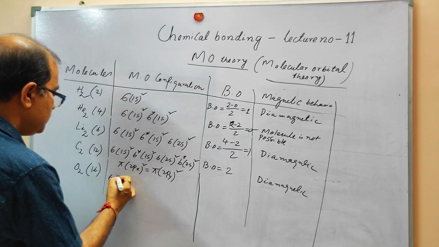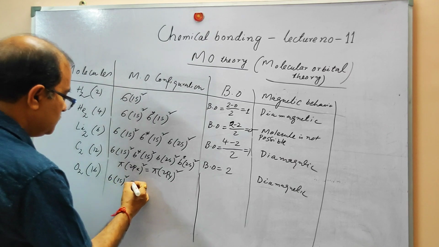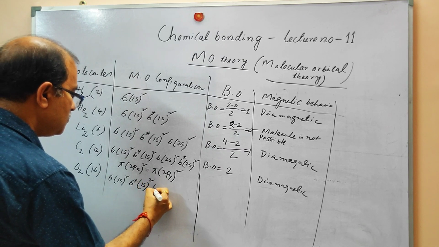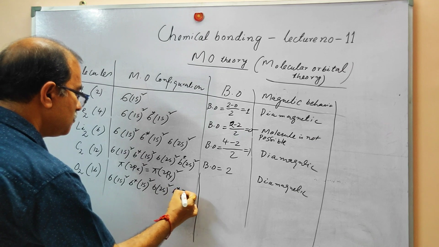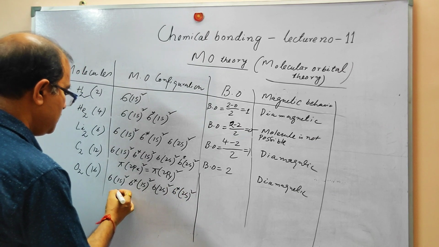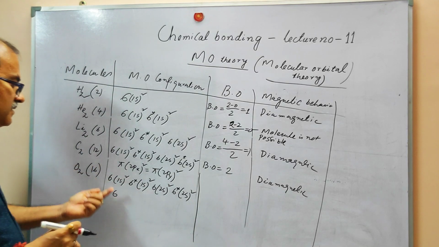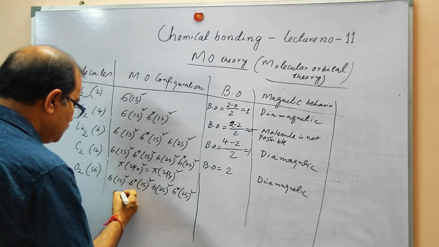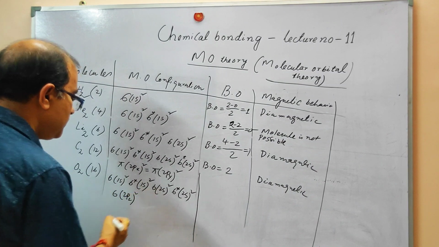So here the molecular orbital configuration will be different, because first sigma 2pz will be filled. So we will write sigma 2pz whole square.